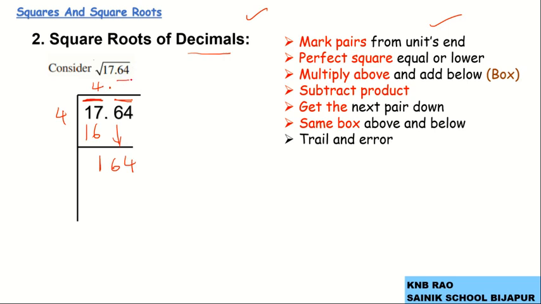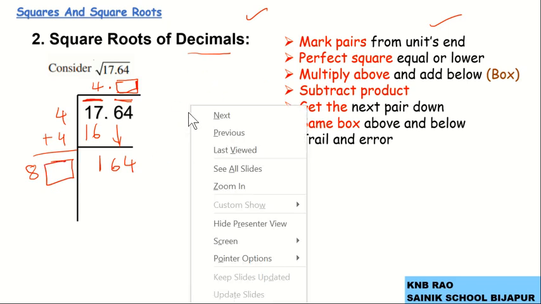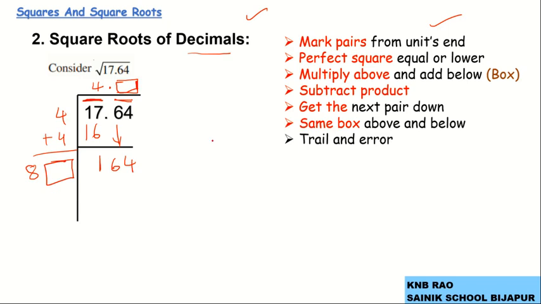Whatever we are going to have, this is the next digit coming in the decimal portion. So 4 added to 4 gives 8, and here we have a number 8 being in tens place and units place to be decided.